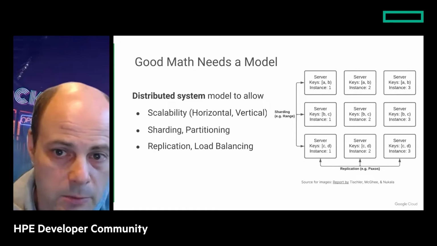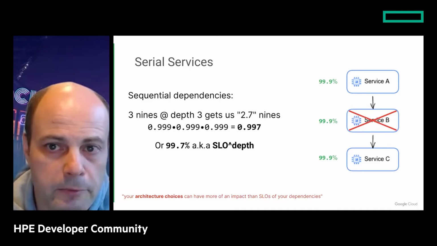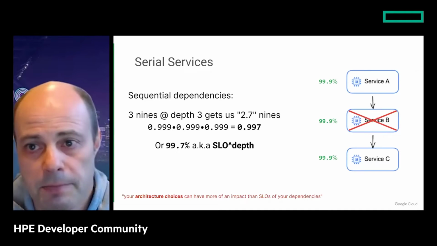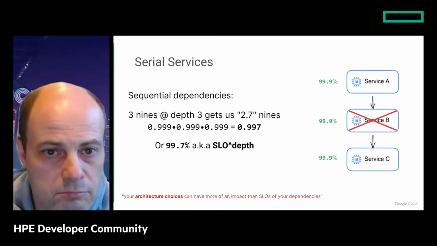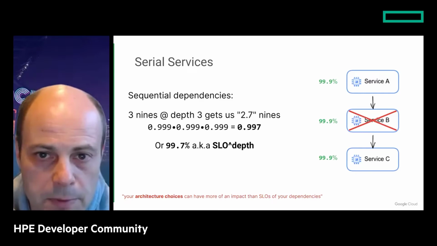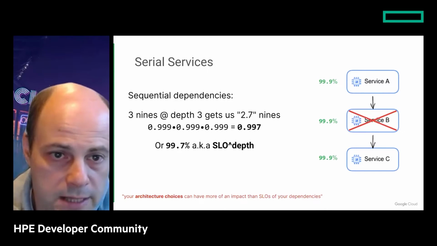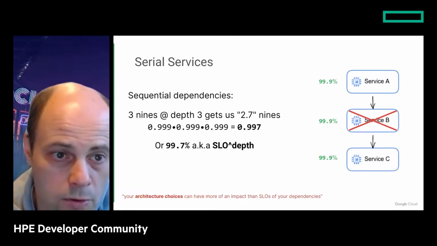So let's start with something more simple first. What if we have services that depend on each other in a straight line? For example, we have 3 services, each having 3/9 of SLO.